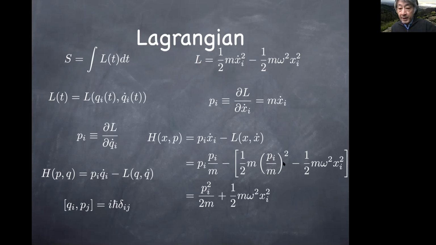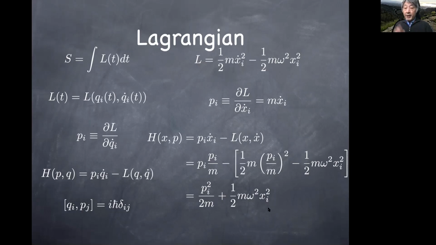And the first term in the square bracket partially cancels this p x dot piece, and that becomes p squared over 2m. And potential energy comes with a minus sign in the Lagrangian. But because this Hamiltonian is p x dot minus L, the potential energy now flipped sign to become the positive sign. And this is the potential in the harmonic oscillator, half m omega squared x squared.